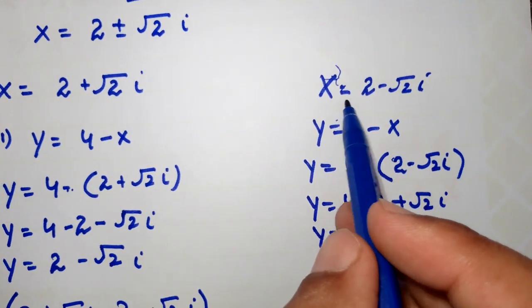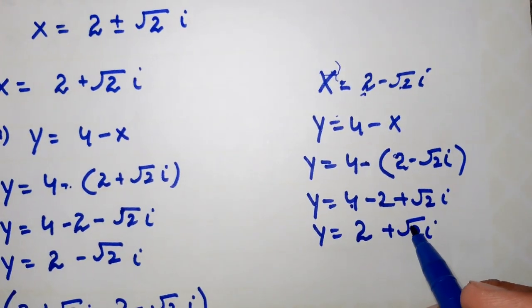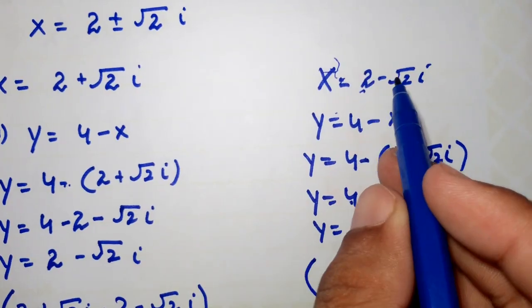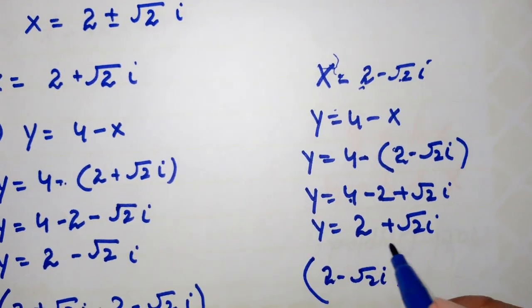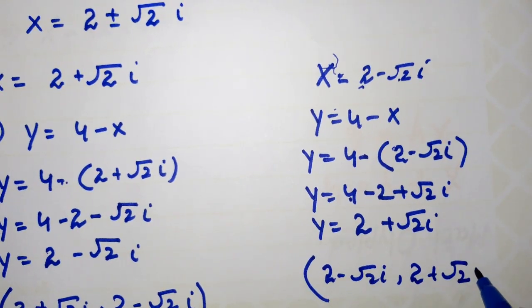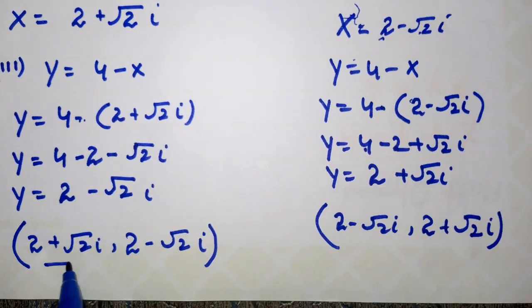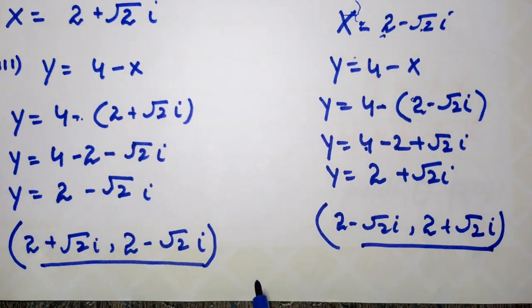So here x is 2 minus square root of 2i, and y is equal to 2 plus square root of 2i. So these are our answers, the value of x and y, and we have solved the question.